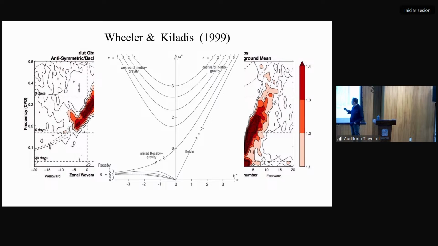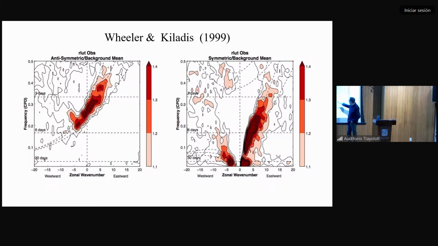So this line represents the dispersion curve of a Kelvin wave in an equivalent atmosphere, very, very shallow. But that wave speed is actually the one that we are looking at here.